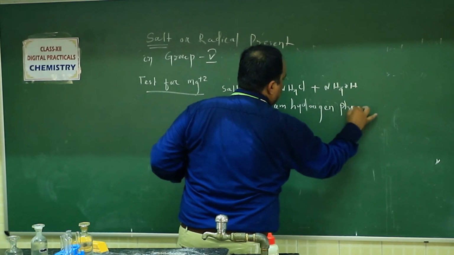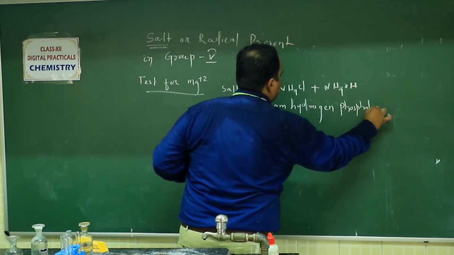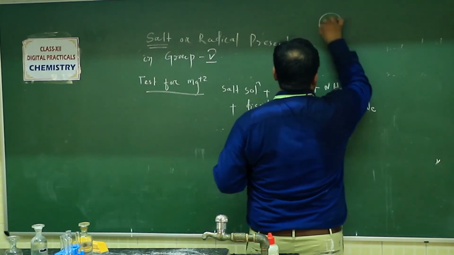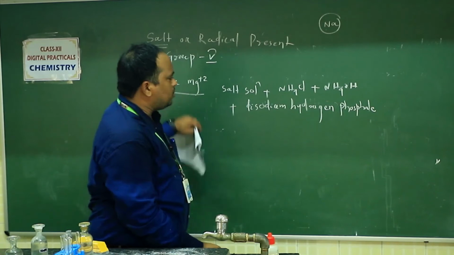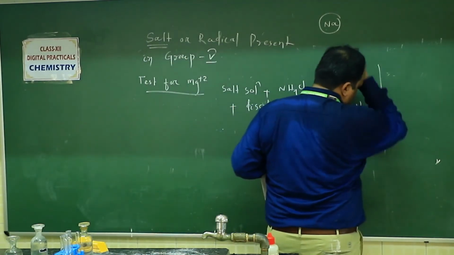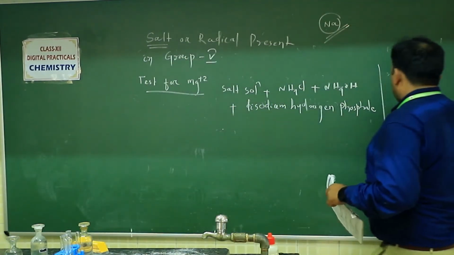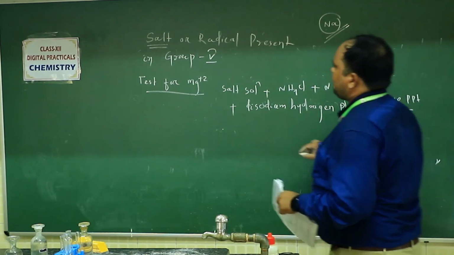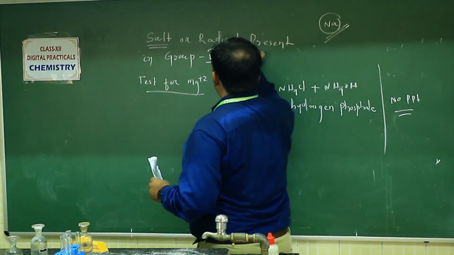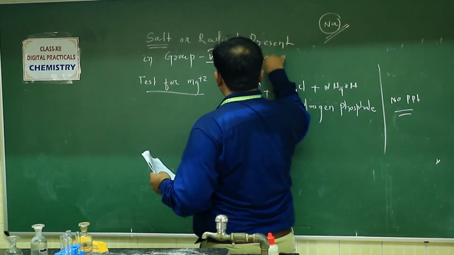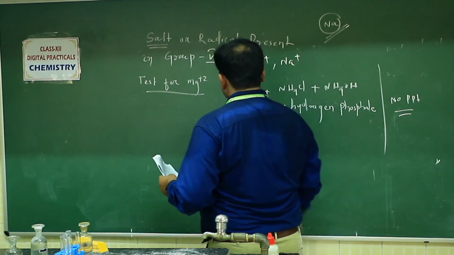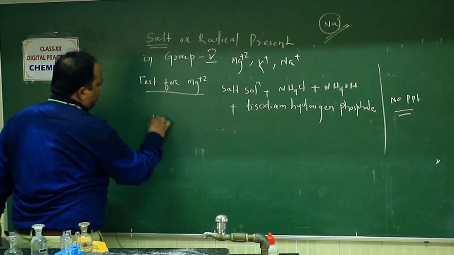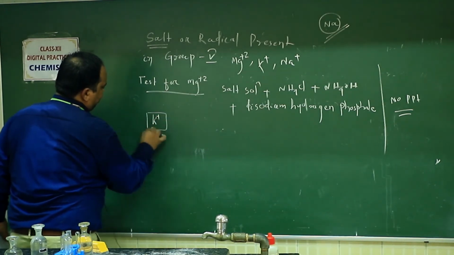Because I have taken sodium, it will not show the test for magnesium. Unknown salt, so no precipitate found. Group 5 means you have to test for magnesium plus 2, potassium, sodium plus, and finally ammonium plus. Then I am going for K plus.